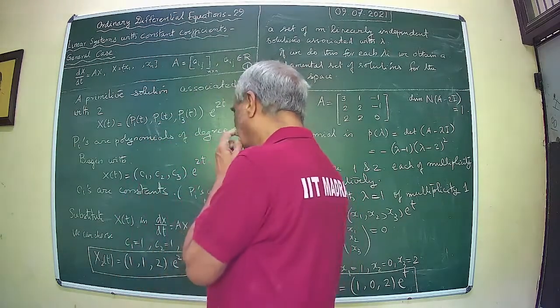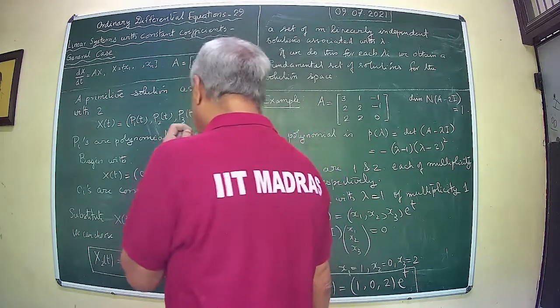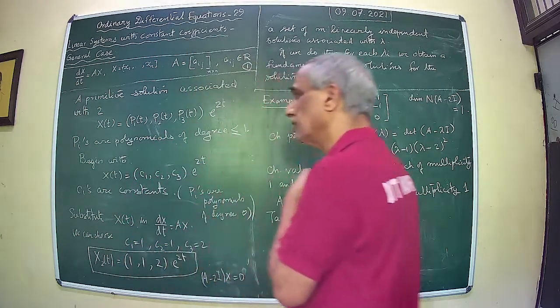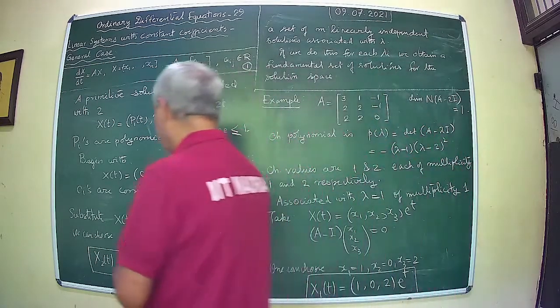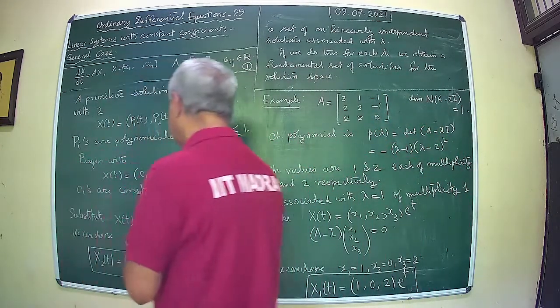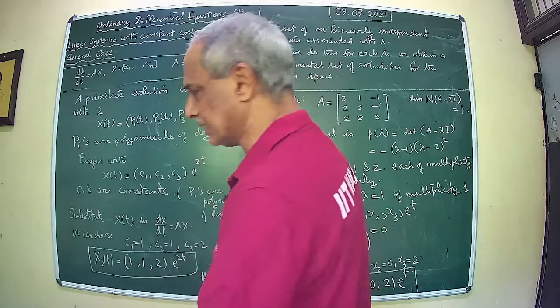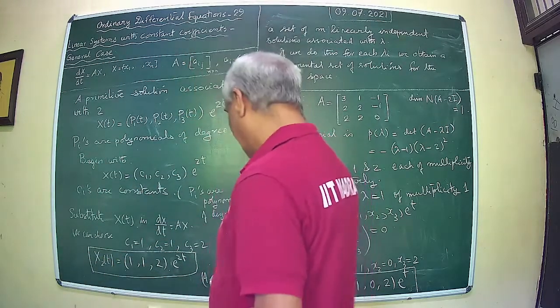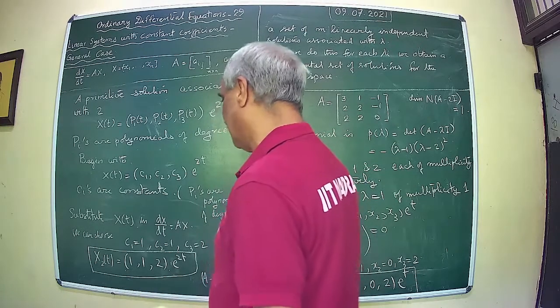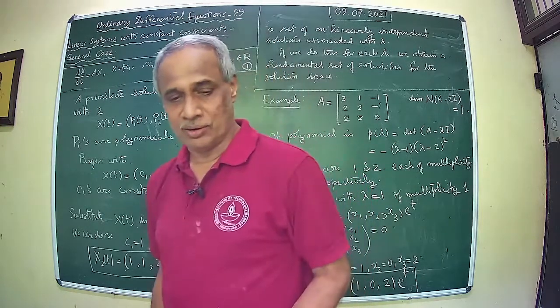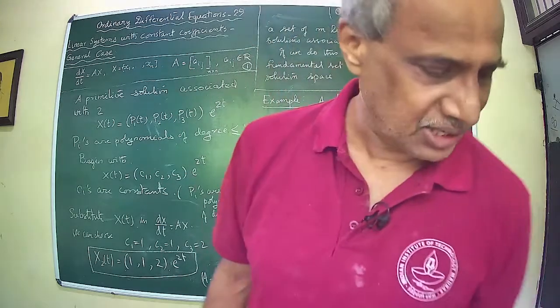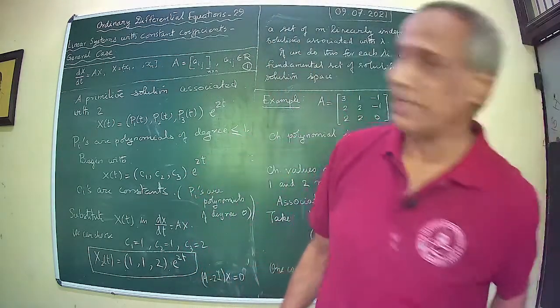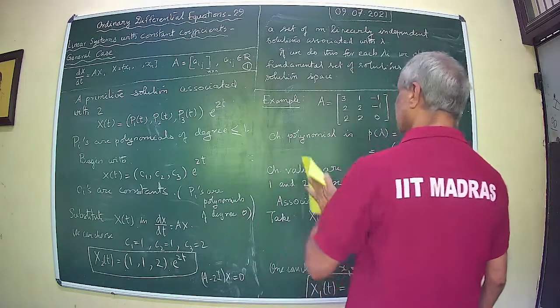When it has rank 2, the corresponding null space has only dimension 1. What is the consequence of that? You will get only one linearly independent vector which serves the purpose, so you don't get a second one. Had the rank been 1, then we would have gone to the diagonalizable scenario. In this case, it is not diagonalizable.